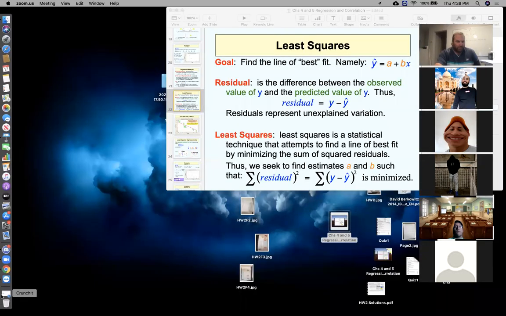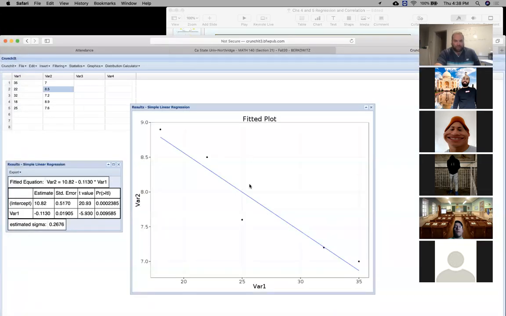So we define what are called the residuals. A residual is the difference between the observed value and the predicted value. If I go back to my best fit line in this example, let's look at this point right here. This point is the actual value of Y for whatever value of X we're dealing with. This is the X equals 22 case.